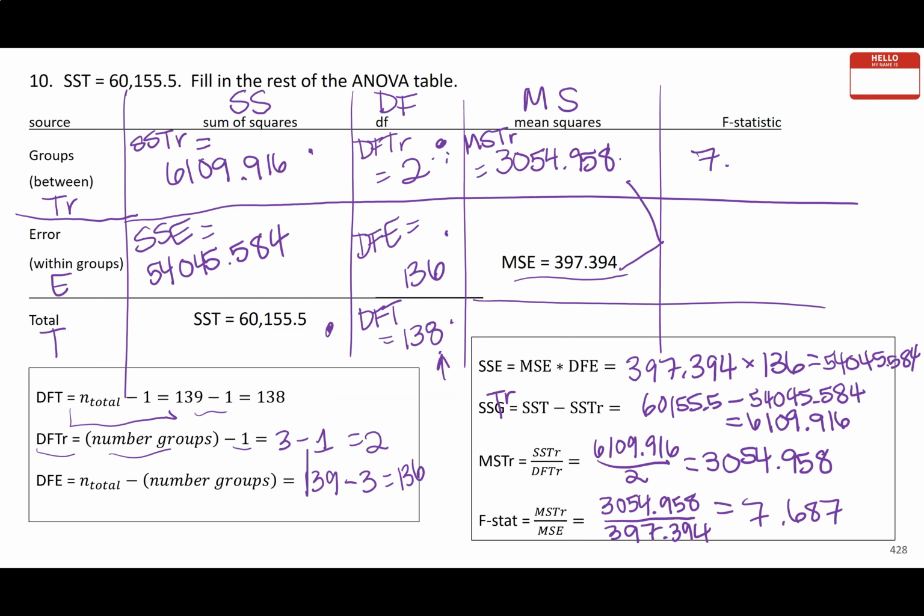So my F statistic is 7.687 on 2 and 136 degrees of freedom. So 2 numerator degrees of freedom and 136 denominator degrees of freedom. And there you are. That's our table.